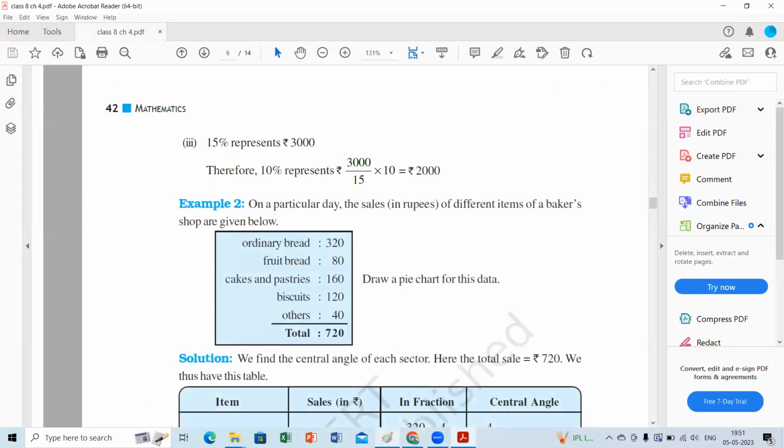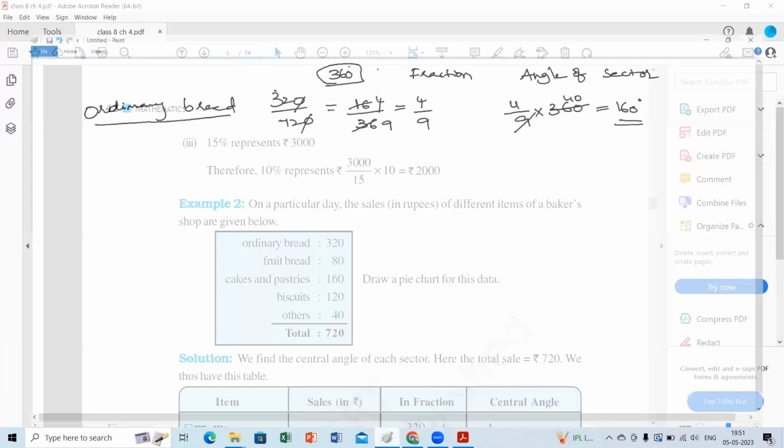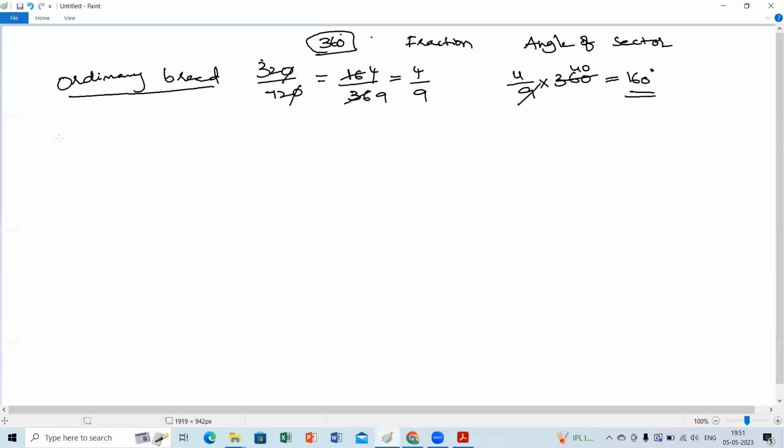What is the other? Fruit bread. How many rupees for fruit bread? 80. 80 by 720, the total amount. 8 ones are 8, 8 nines are 72, so 1 by 9. This is the fraction part.